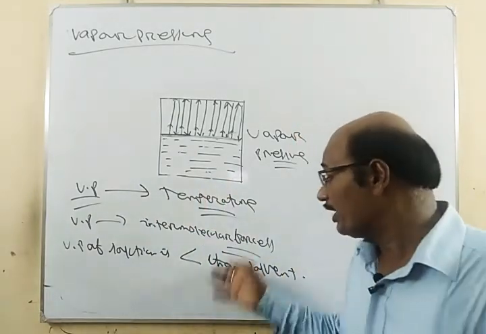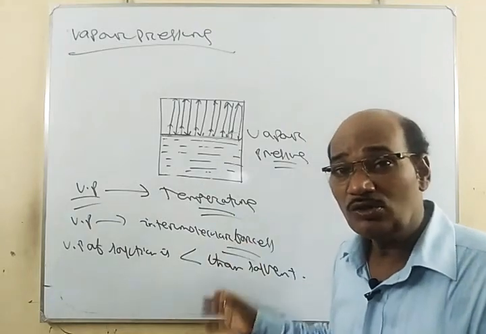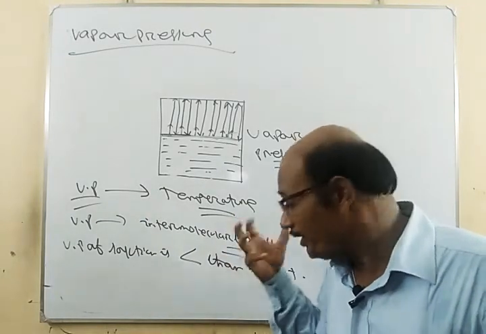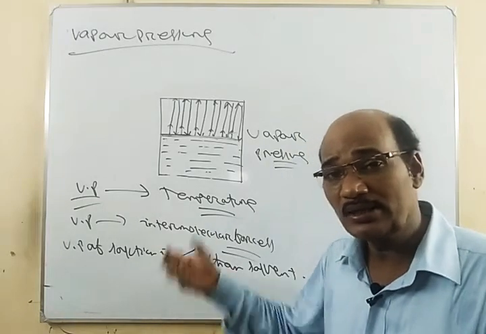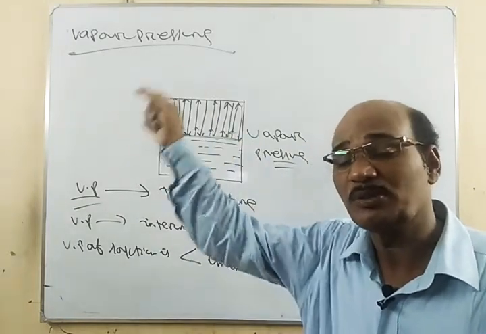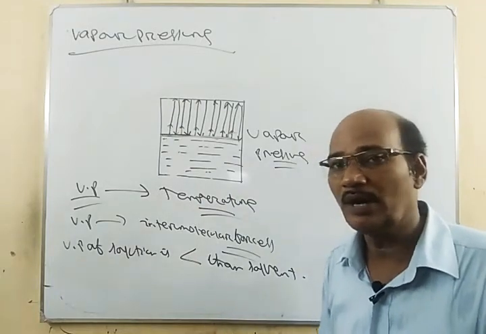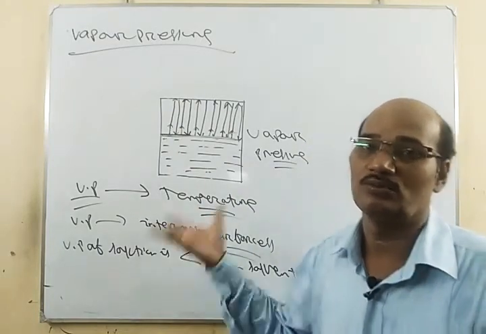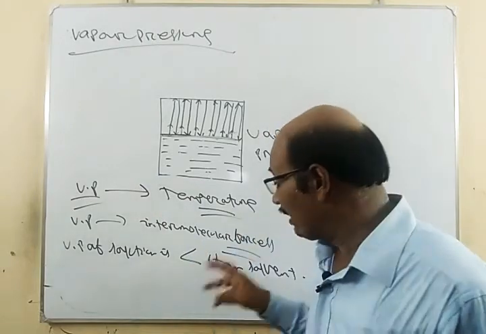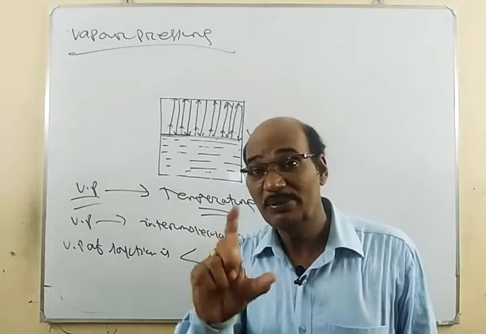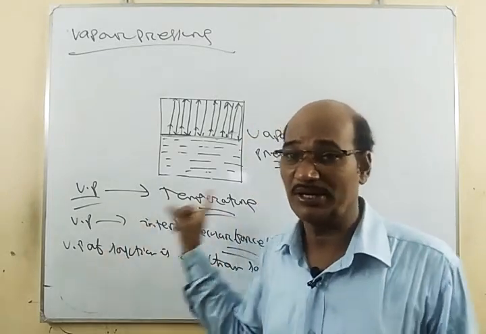Because the vapor pressure becomes less, we have to supply more and more temperature to increase the vapor pressure, so that it will be equal to the atmospheric pressure. That means the boiling point of the solution will be more, because the vapor pressure is less here, and this is called elevation in boiling point, which we will discuss separately.